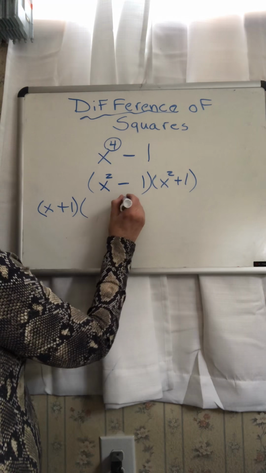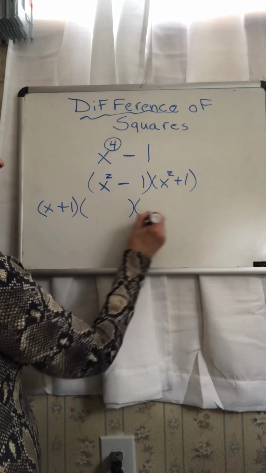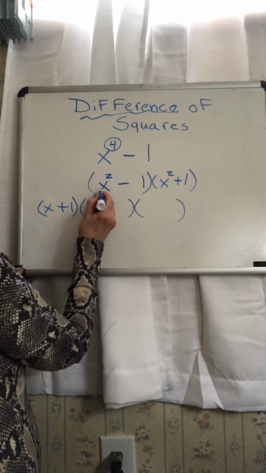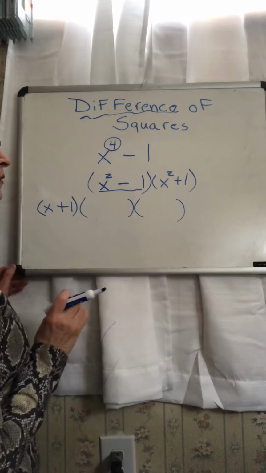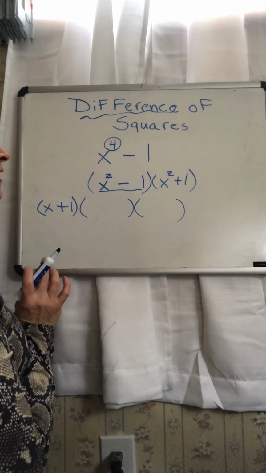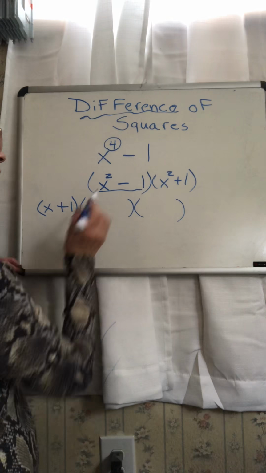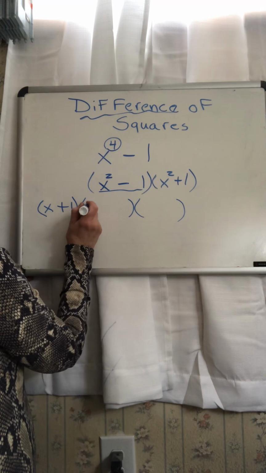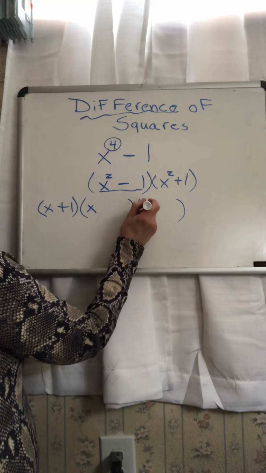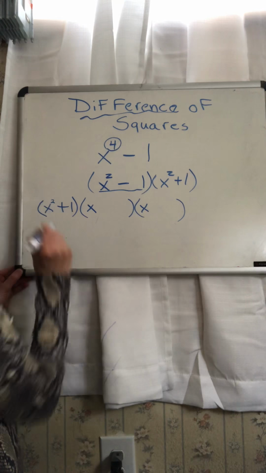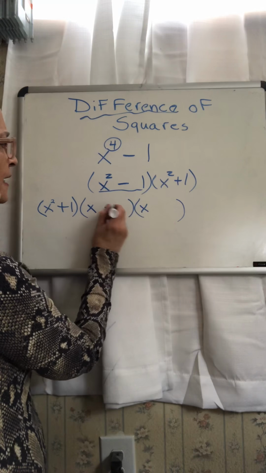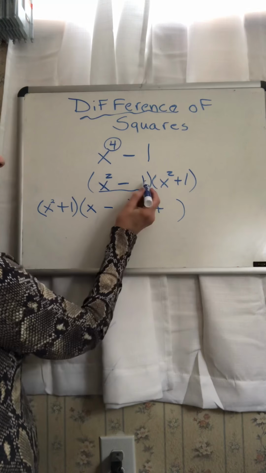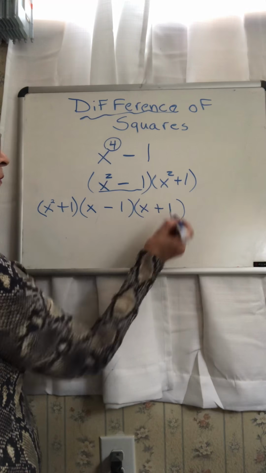And then I'm going to make my 2 additional parentheses. So remember, I'm factoring this part, so we don't need to rewrite this because I'm factoring that part. X squared, the perfect square, means it's x times x. Negative sign, plus sign. 1 and 1.